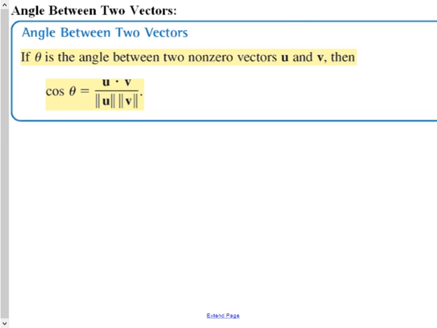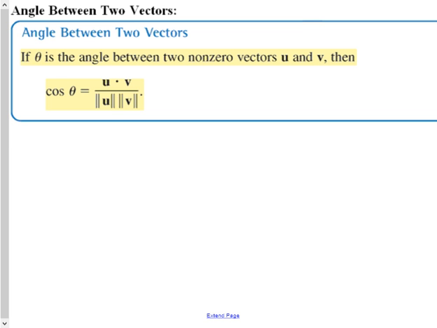Next, dot products are used on that formula cheat sheet I handed out to you. We're finally getting into the rest of that. We're not going to finish it today, but we're going to get into a couple more on this. It's kind of line 2. So the angle between two vectors is found like this: if theta is the angle between two non-zero vectors u and v, then cosine theta equals the dot product of u and v divided by the magnitude of u times the magnitude of v.